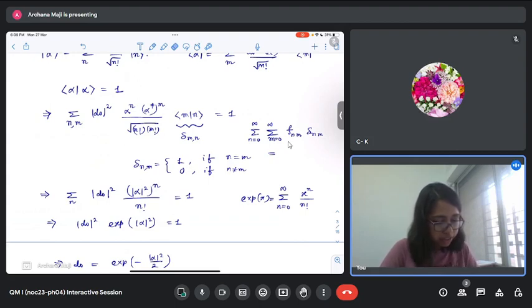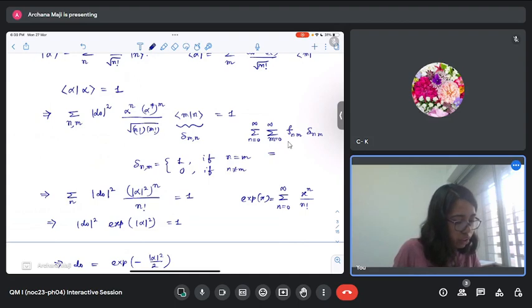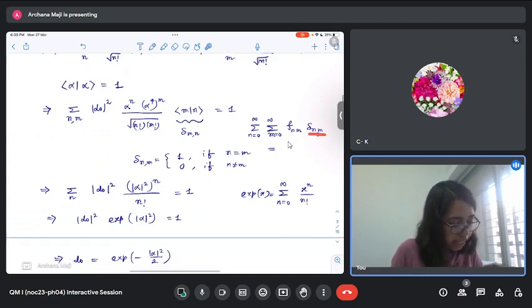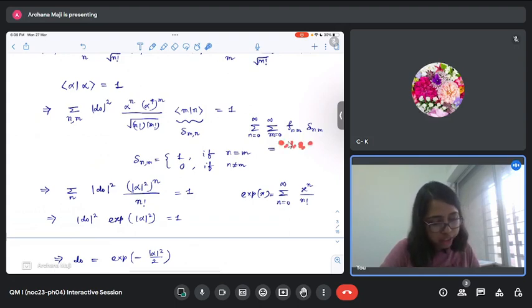How do I explain it? What I mean is delta nm is there, and this summation over m runs from 0 to infinity, and these are dummy variables n and m. So m will also be equal to n at some point. M equal to 0 to infinity means m will go from 0, then 1, 2, 3, and n, then n plus 1, and so on.